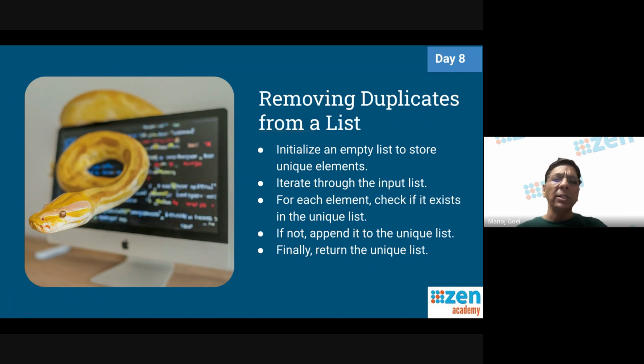There will be an input list where there are certain values, some data elements. For each element in the list, check if it exists in the unique list that we prepared in the beginning. If not, then append it to the unique list. If it is not already there, then you append it in the unique list. Finally, you return the unique list. So this is one way of doing it.